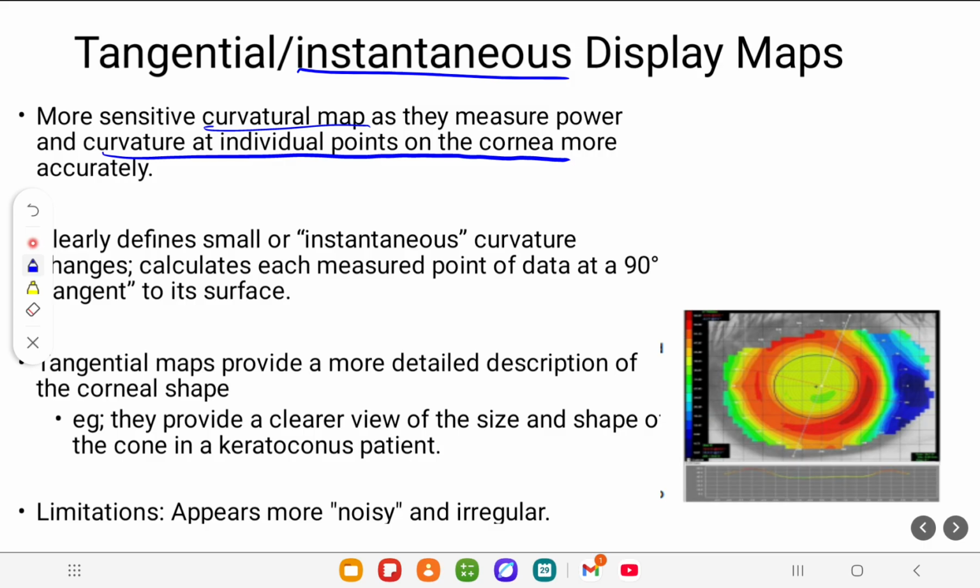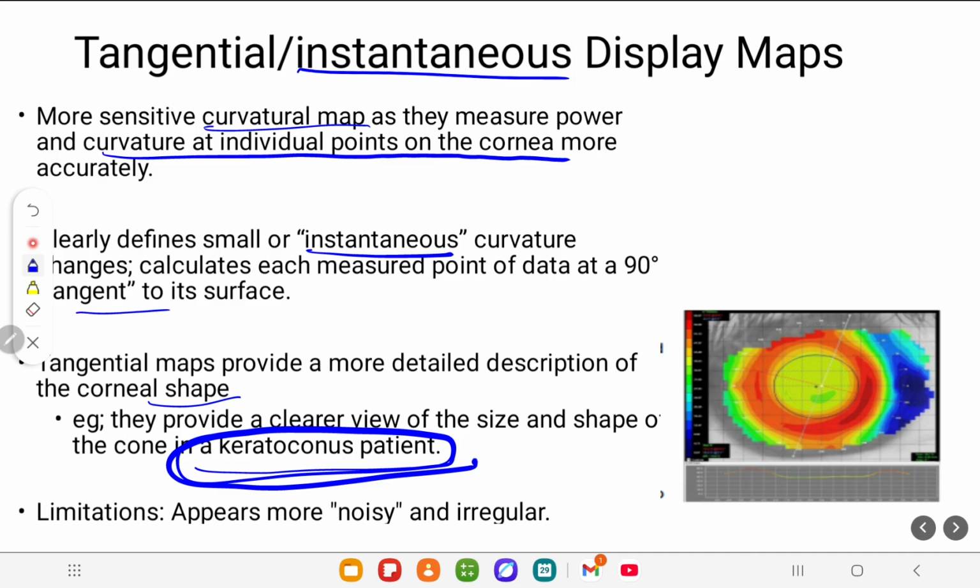Okay, so it defines the local or instantaneous curvature, and it calculates point data at 90-degree tangents from the surface. The tangential map provides a more detailed description of corneal shape. That's very important. The tangential map is always superior, and it provides a clearer view of the size and shape of the keratoconus. It's very important. Whenever there is irregularity, ectatic disorder, any, no matter what, you have to go to the tangential map.